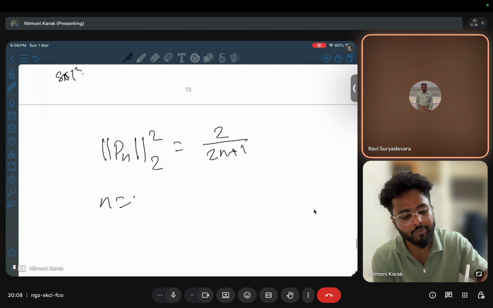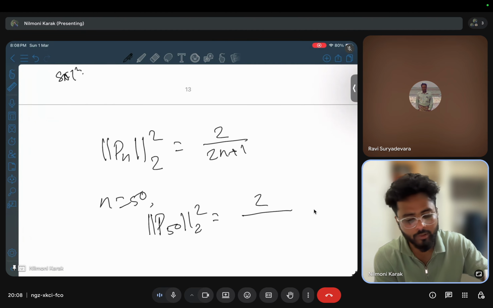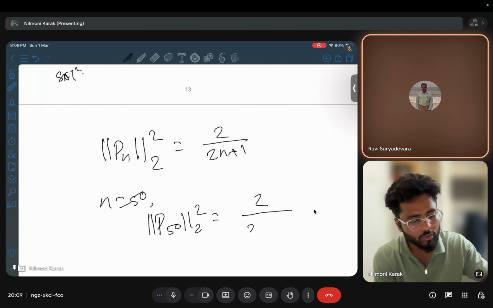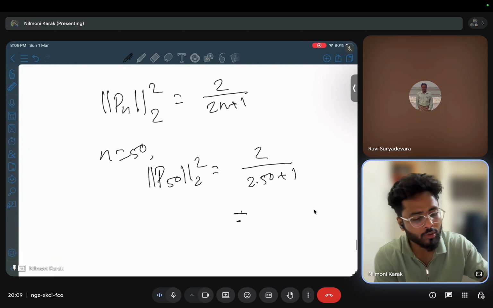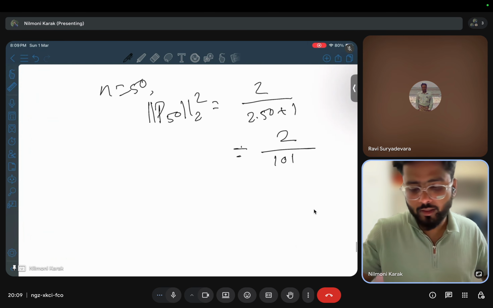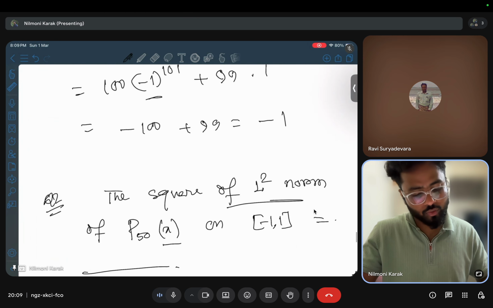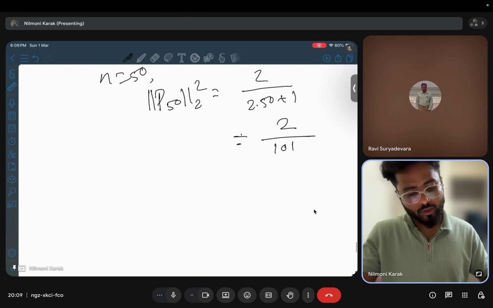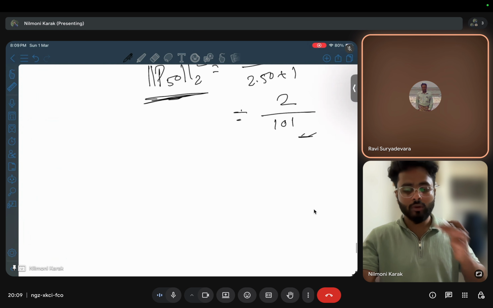So here n is 50. So P50 norm squared is 2 divided by 2 times 50 plus 1, so 101. Okay, got it. The question was the square of the L2 norm of P50.